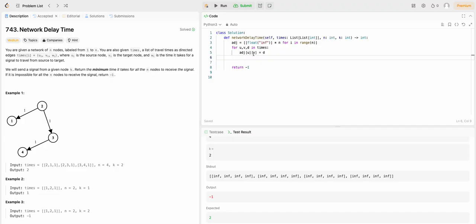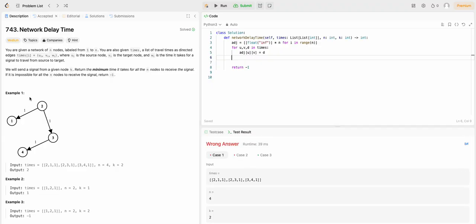What I'm also going to do is set the distance needed to visit 2 comma 2, which is the node itself, to 0. 3 comma 3 is 0, 4 comma 4 is 0, 1 comma 1 is 0. So I'm going to update that as well.